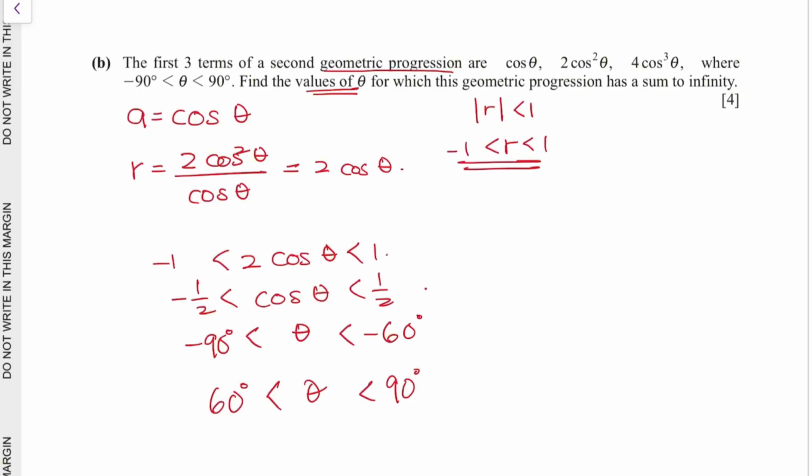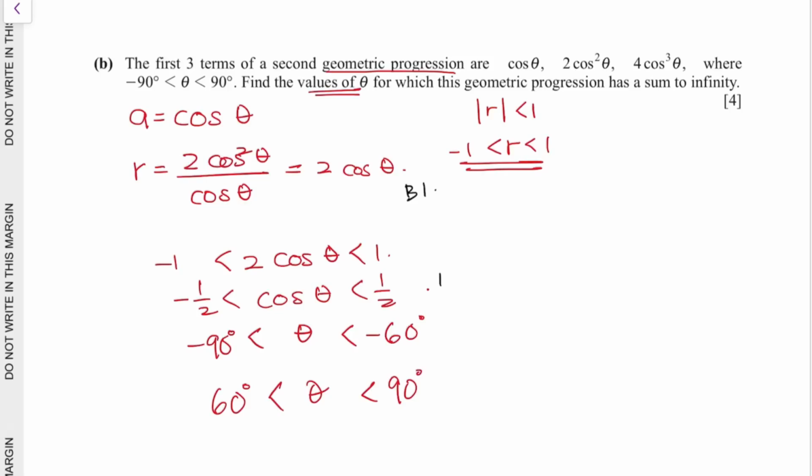How do you get marks for this question? Your first mark is when you figure that r, the ratio for this geometric progression, is 2 cos theta. This is your B1. Second is when you are able to reach negative half is less than cos theta, which is less than half. This is a B1. And then when you get those two ranges, this is B1, this is another B1. Altogether 4 marks.